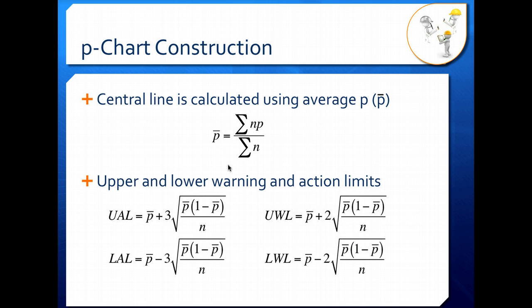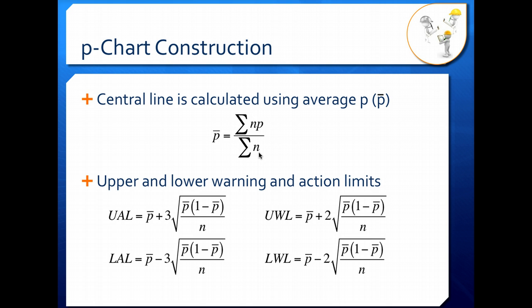Whether or not you use that formula to determine your subgroup size, the next thing you want to do is calculate your central line. And that's your P bar. Bar over the P meaning an average. And so this is the sum of your NP divided by the sum of your N, where N is your subgroup size. Keep in mind that NP is not the count of nonconformities.